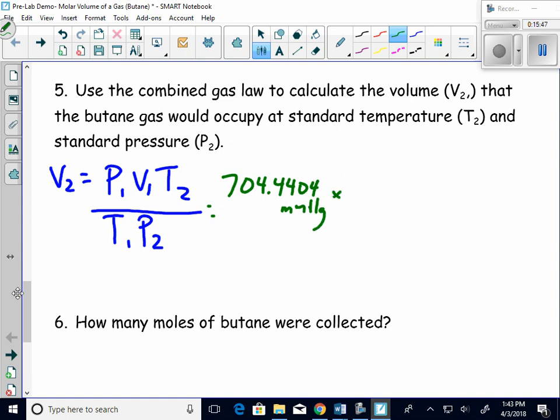My V1, I collected 0.5 liters, right? What was my T2? Well, T2 is standard temperature, because all the 2s are at standard value. In Kelvin, it is 273.15 Kelvin.